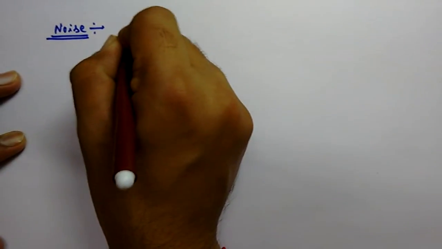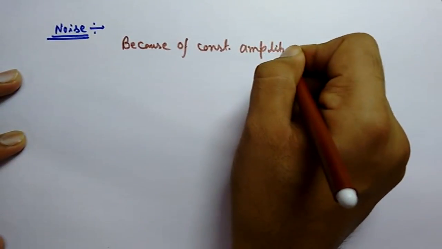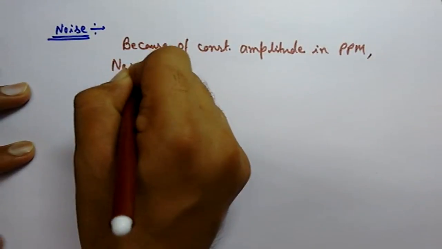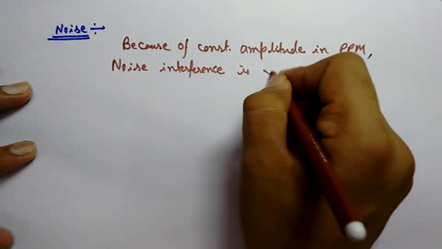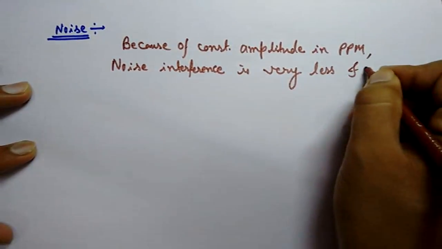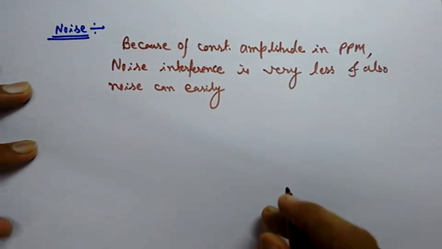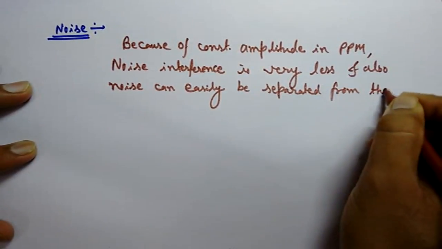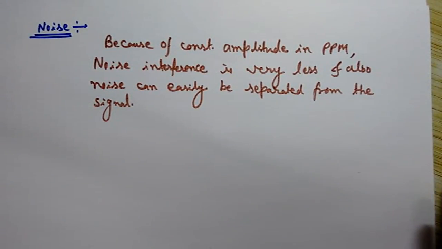So because of constant amplitude in PPM, the noise interference is very less, and also the noise can easily be separated from the signal.